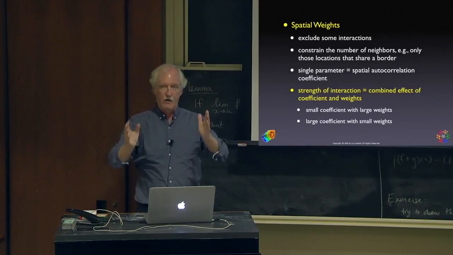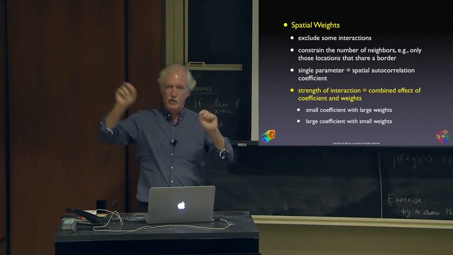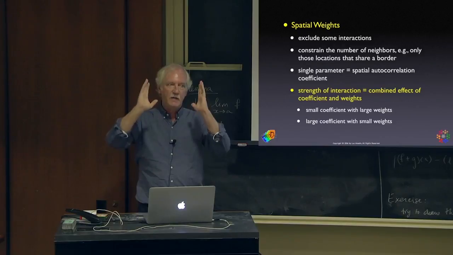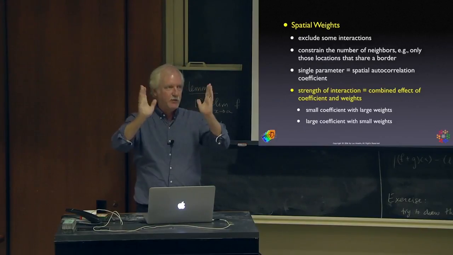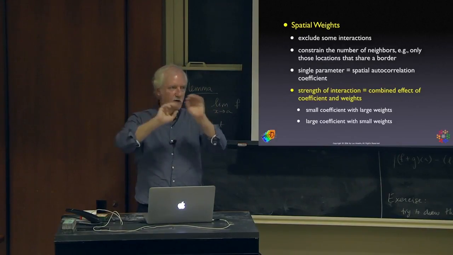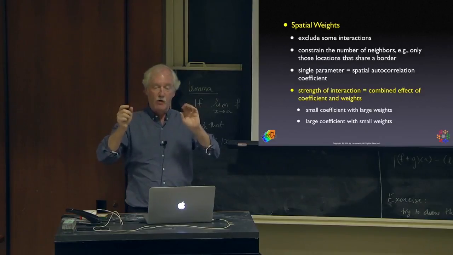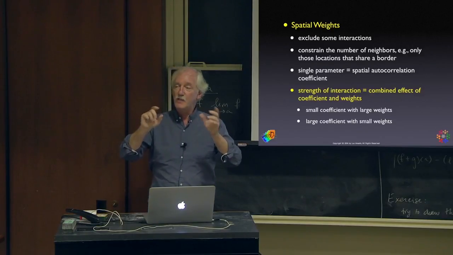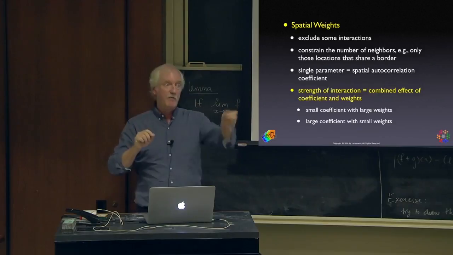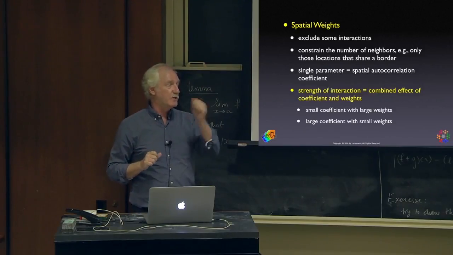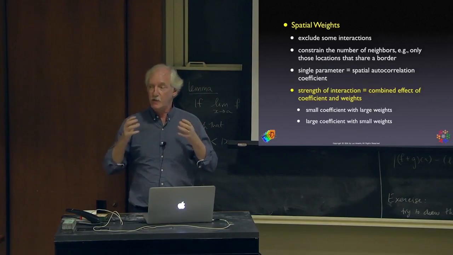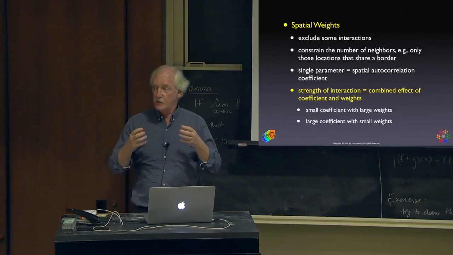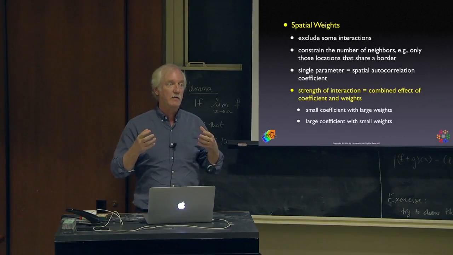Think of it as a square, interaction from every i to every j. You simplify it by having this matrix with a lot of zeros that says only a few of these neighbors or pairs actually interact. But then on top of that, you only have one parameter. So it's the same for everybody. That's a very strong simplification. But it's a way that we can handle it, right?